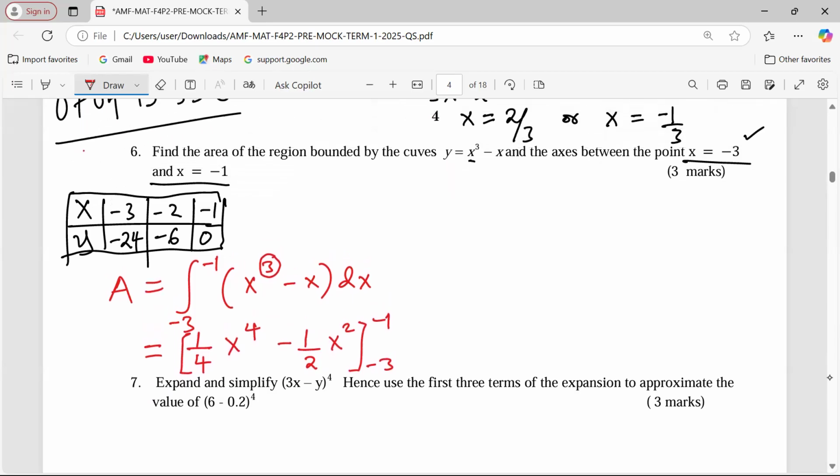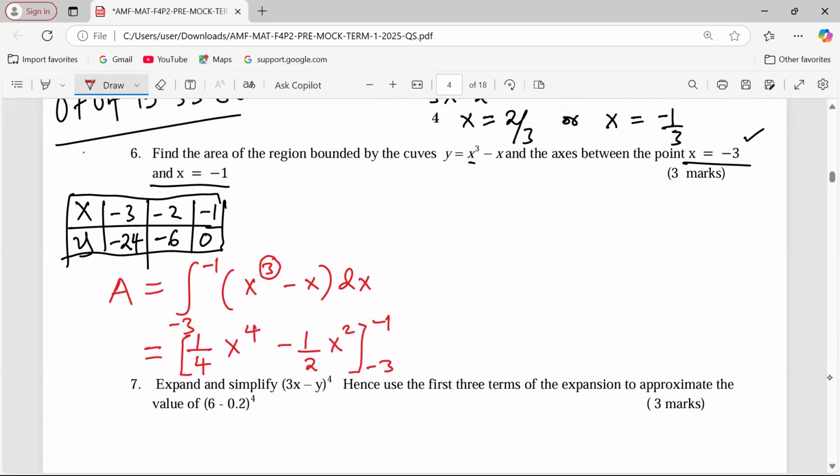Remember, the bigger limit here is -1. So we'll begin by substituting -1. Then we subtract the same function after substituting -3. So we start with 1/4 into -1 power 4 minus half into -1 power 2.